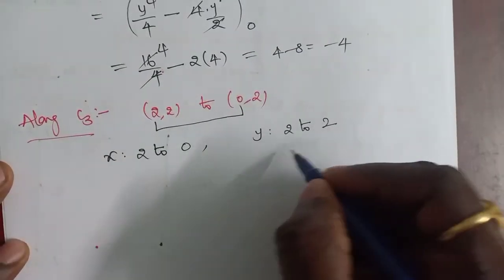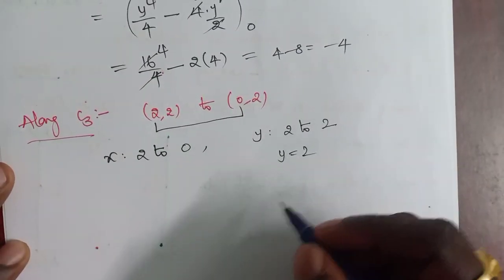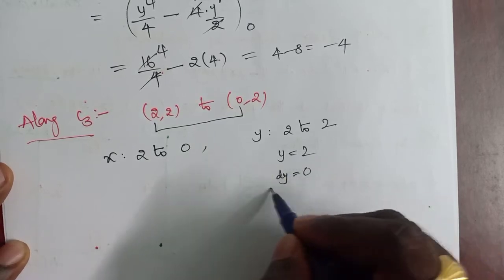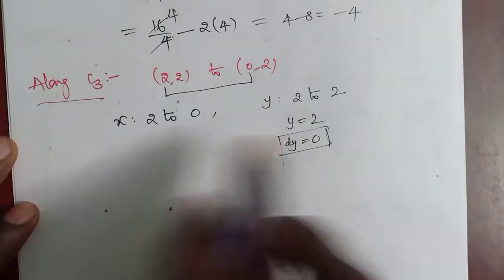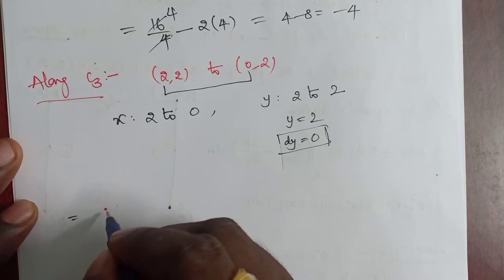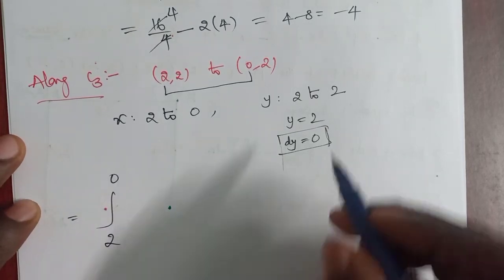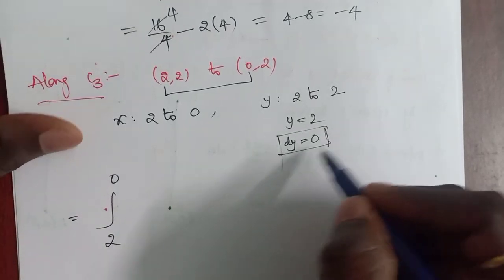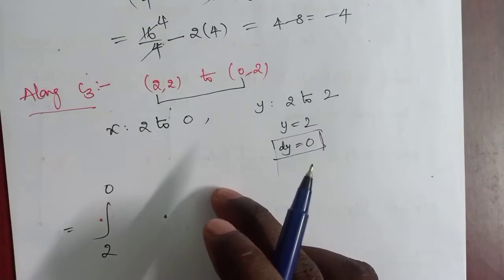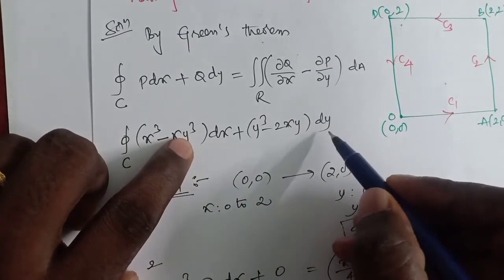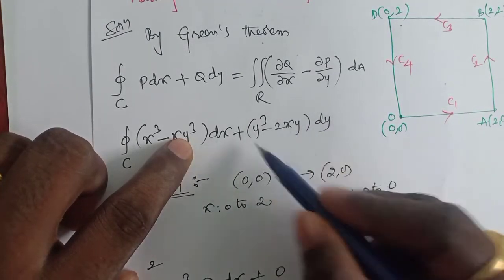Since there is no change in y, which is y equal to 2, the derivative should be equal to 0. So here the change is for x. Coming to the line integral, which is from 2 to 0, y is 2 and dy is 0, so that entire value is equal to 0.